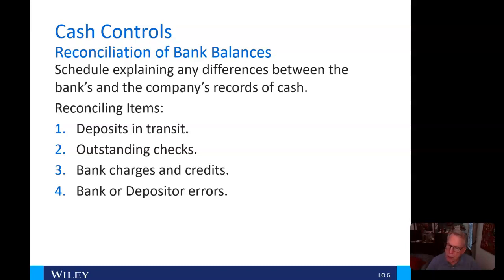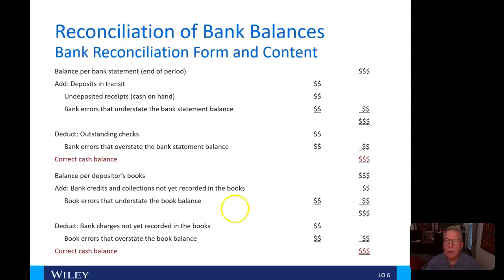Bank charges and credits or depositor errors, that's going to be on the book side. But if the bank makes an error, that would be a third kind of adjustment on the bank side. So the bank side would have deposits in transit, outstanding checks, and any bank errors, which are very uncommon, but do happen.